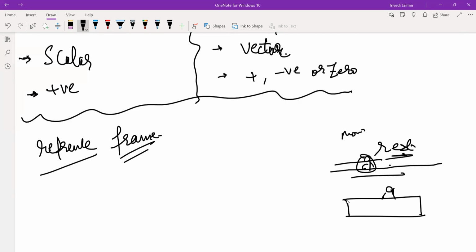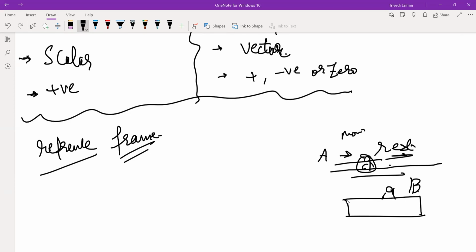Can't we say only the train is moving? The train is moving, but the person is not moving. That's what I'm saying. So as per this person, what is our position? The person who is sitting on the train, let's name him A. In the reference of A, what is B's position? Is he moving?